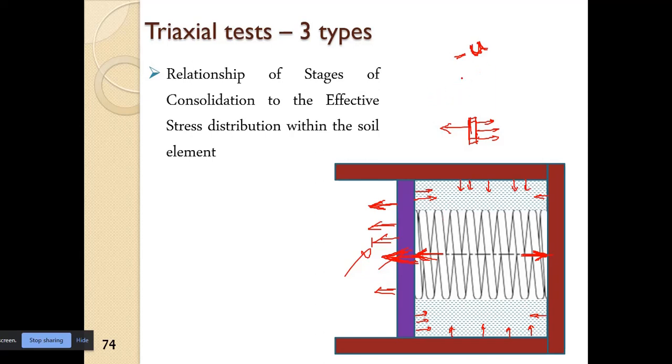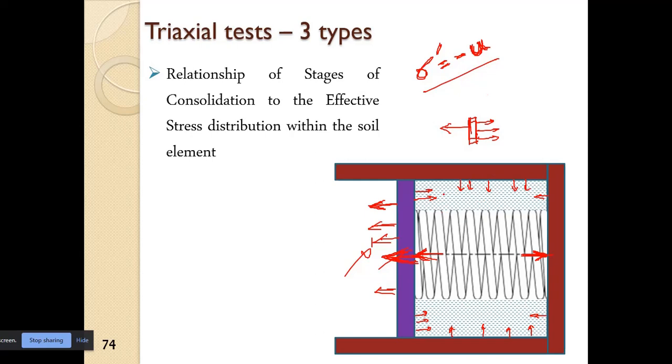And here what we have is the effective stress, sigma dash, which is equal to the total stress minus the pore water pressure.